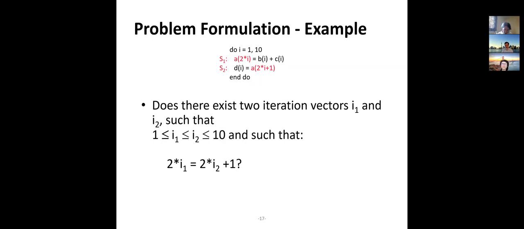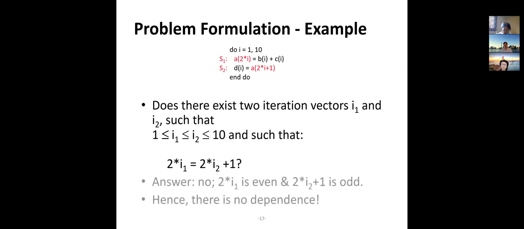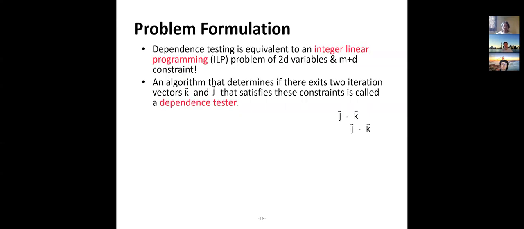Okay, so on the one side you have an odd number and on the other an even number, right? So no matter what, when you know that I1 and I2 are integers, there's no solution to that, right? That means those accesses are always independent. There's a proven way that there are no dependencies.